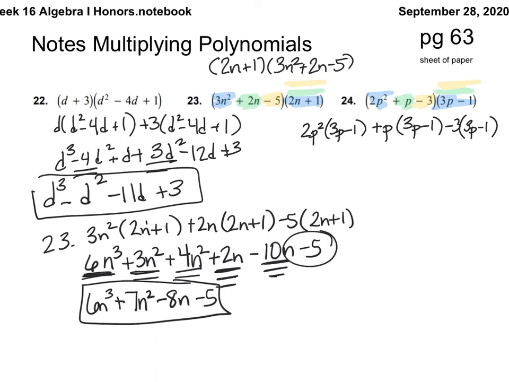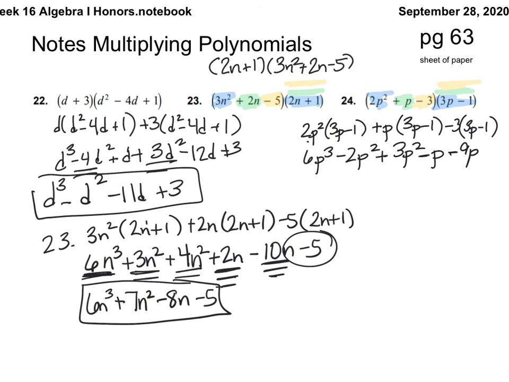Distribute. 2p squared times 3p is 6p to the third. 2p squared times negative 1 is negative 2p squared. P times 3p is positive 3p squared. P times negative 1 is negative p. Negative 3 times 3p is negative 9p.